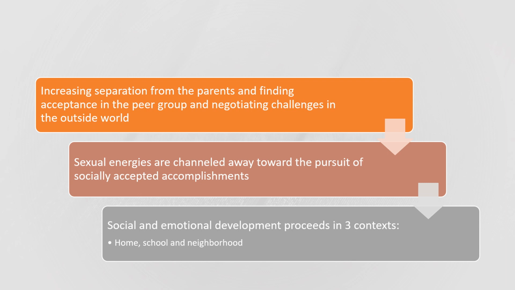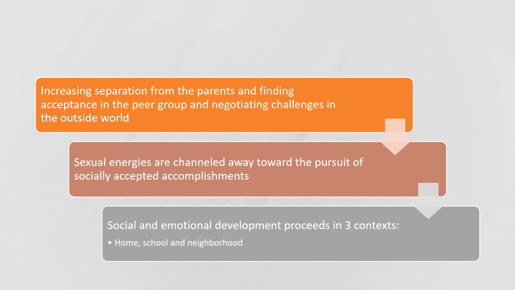And also, sexual energies are channeled away towards the pursuit of socially accepted accomplishments. That's why there's no erogenous zone according to Freud, because now their focus is on how they will be accepted and how they will gain a lot of awards, recognitions, and appreciations from their parents, their teachers, and also from their classmates.